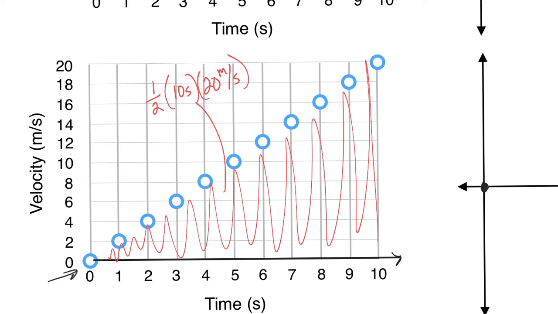But I will point out that this gives me a displacement of 100 meters. And it's positive. So there's only one section to my graph.